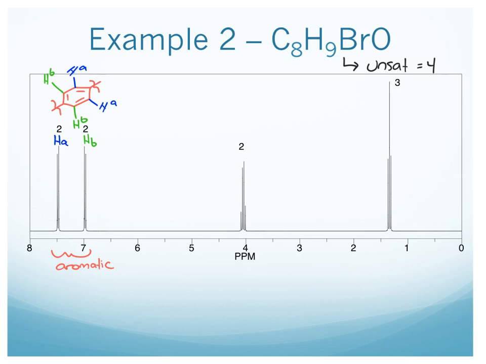But let's work our way through the rest of the spectrum. Down here at 4, we have an integration for 2, so let's make that a CH2, and at 1, a CH3. Okay, now I like to make some notes about what things might be connected to.